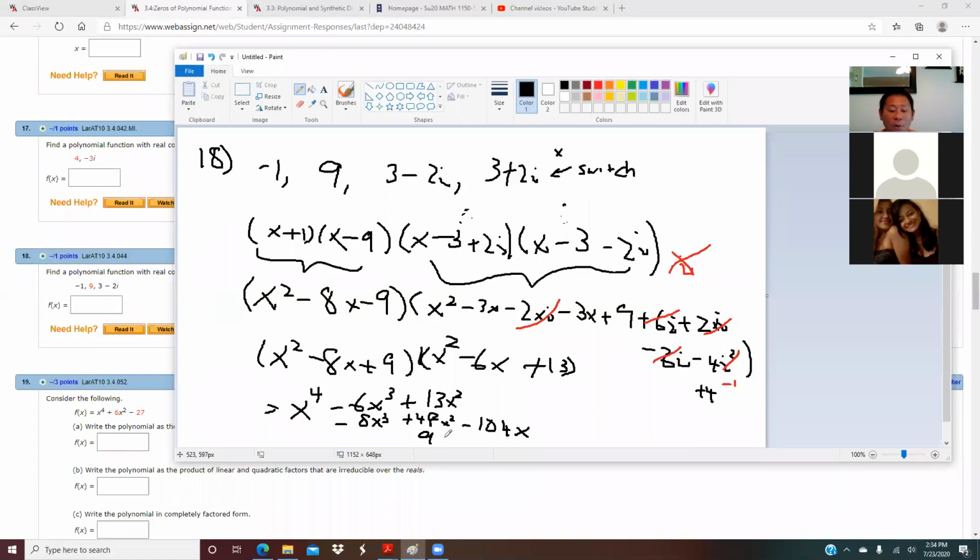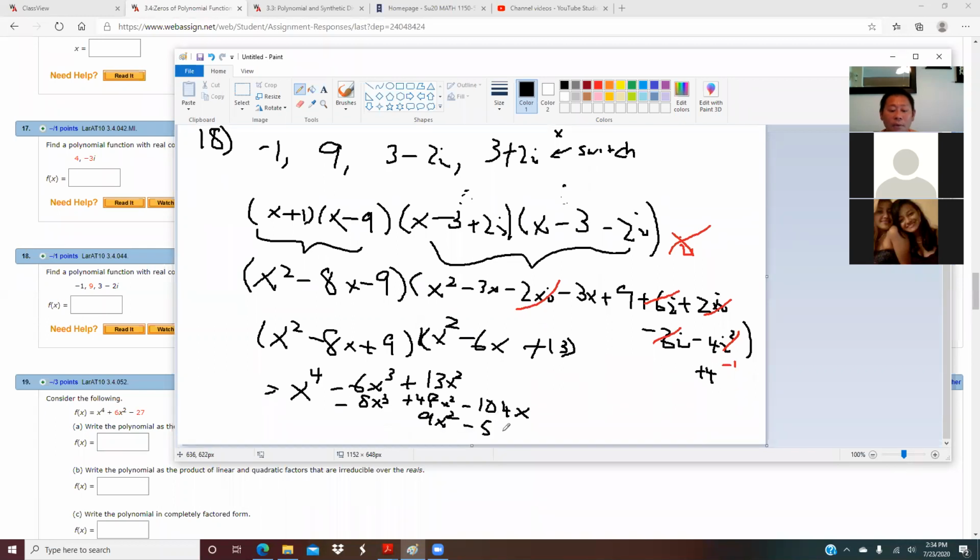So you get 9x squared here, minus 54x. 9 times 6 is 54. And then 9 times 13. Oh, this one is 100 and something. Let's see, 13 times 9, calculator, 117. And then after that, you just combine like terms, and that's your answer in this case.